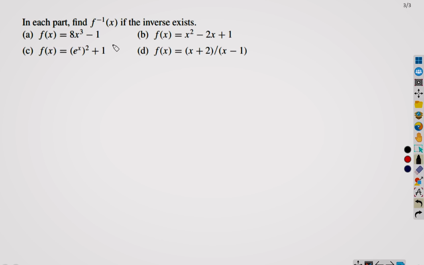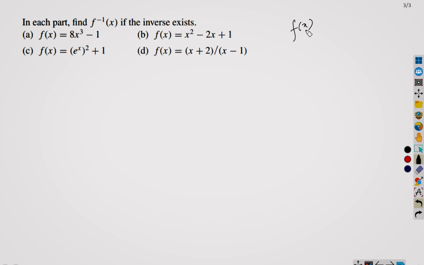Okay, we have 4 functions here. We have to find the inverse of each of these functions. Okay, before proceeding further, let me just give you a brief idea of what an inverse function is. Let's say f of x is a function.